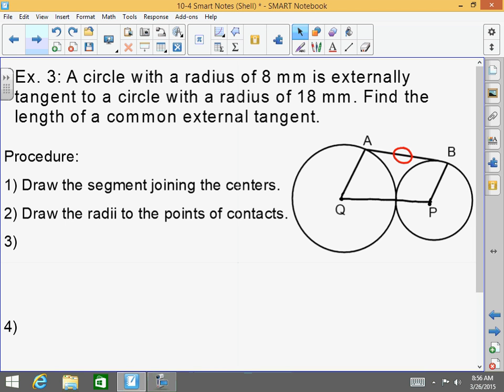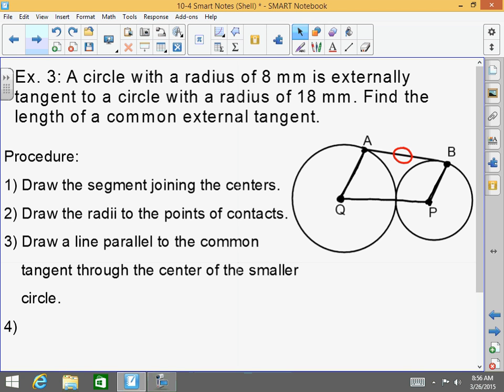I already drew them for you, but you would draw QA and you would draw PB. Number three, draw a line parallel to the common tangent through the center of the smaller circle.